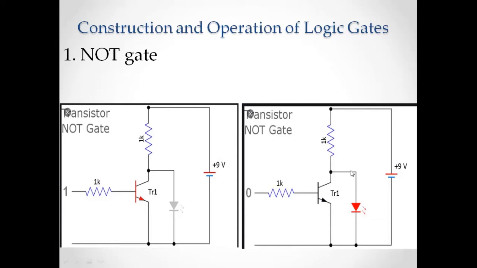And the only path available for the current is then through the LED. When current passes through the LED, it glows, which means the output is now high, or the output is 1, which means when you give a 0 input, you get a 1 at the output. This is how the circuit works.